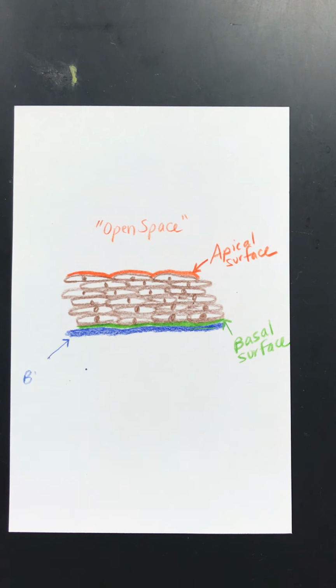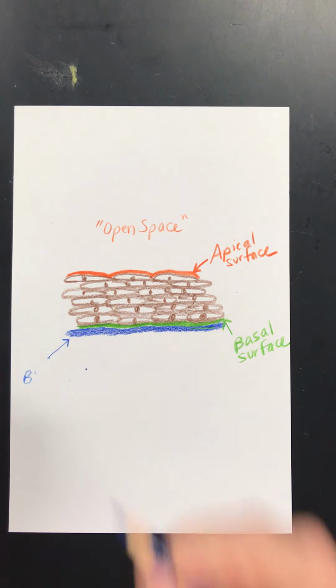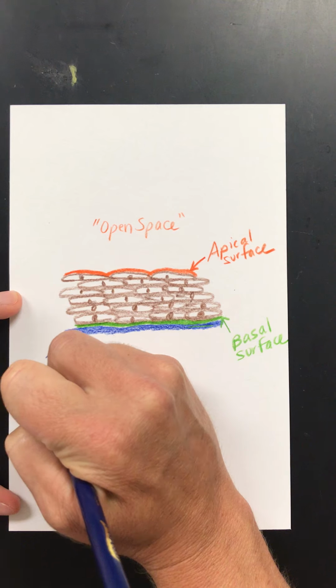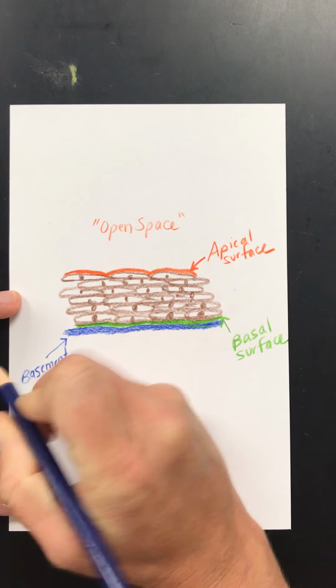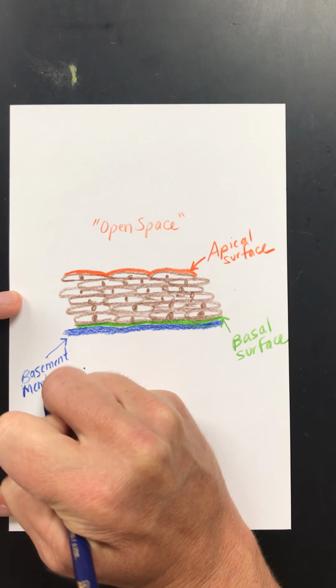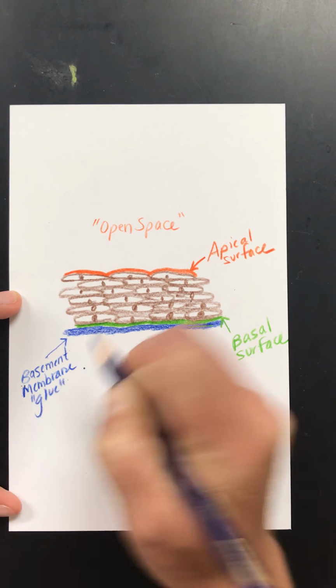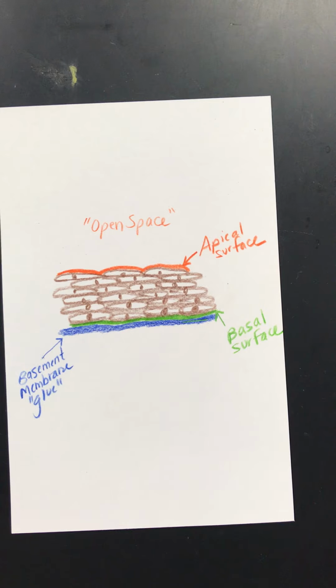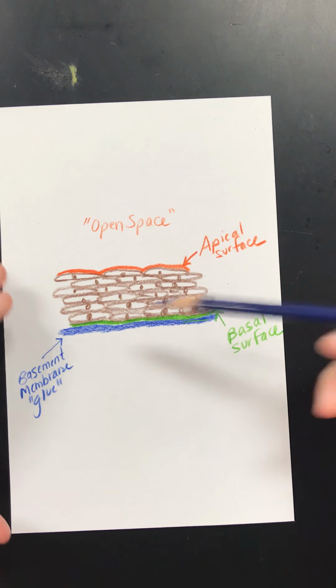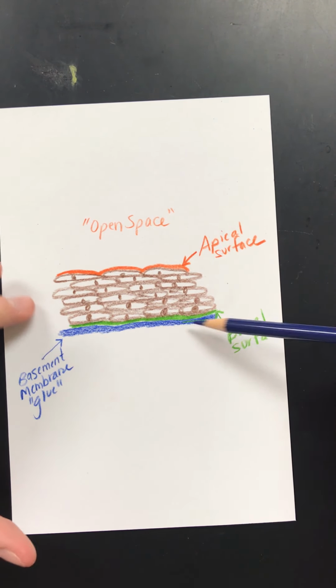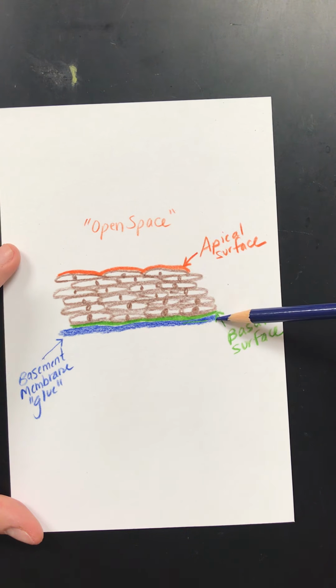Basement, okay, let me sharpen this. Sorry about that. Basement membrane. And then I'll put glue in parentheses. So the basement membrane forms the foundation on which the epithelial cells are arranged.